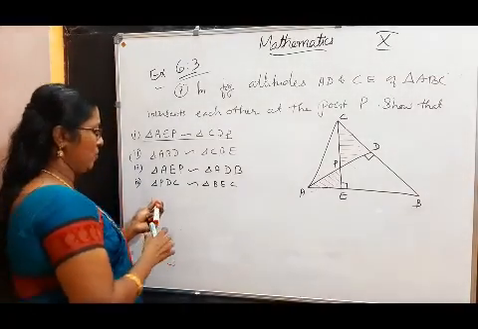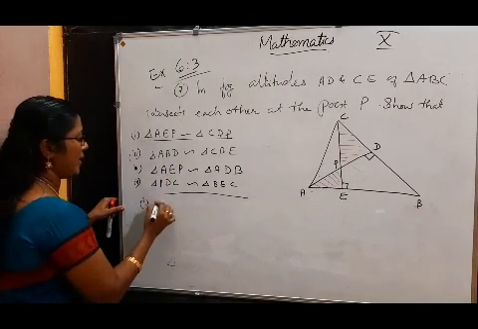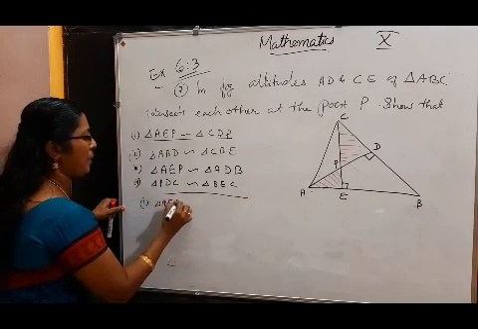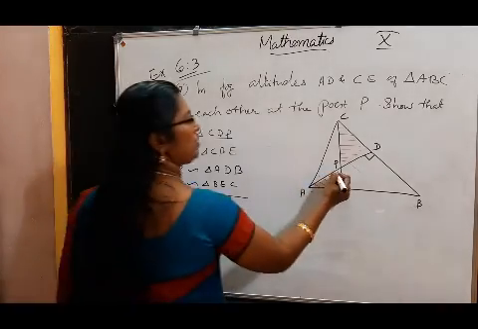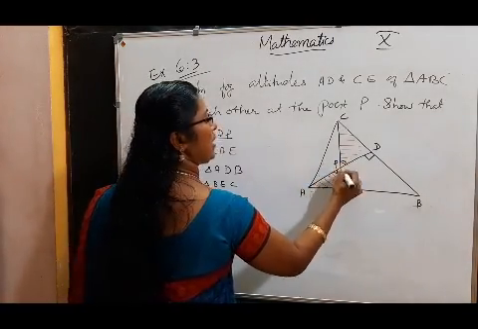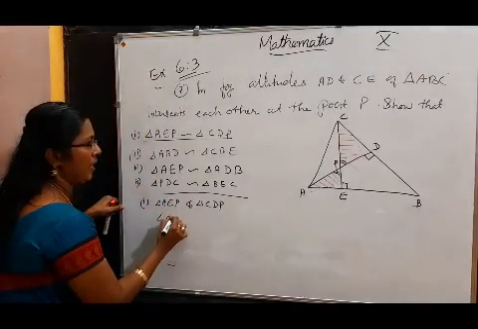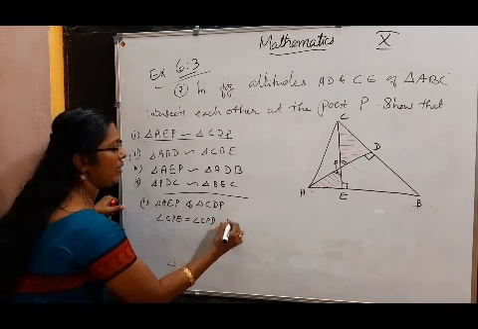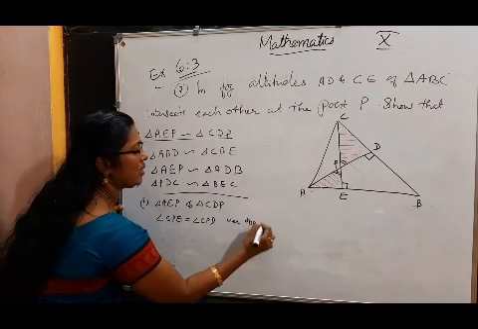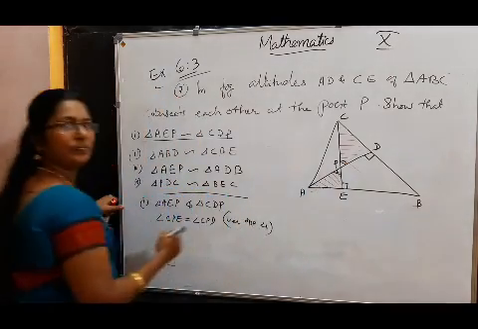First, we want to prove these two triangles are similar. How to prove it? In triangle AEP and triangle CDP, vertically opposite angles are equal: angle APE equals angle CPD. Then what about E and D?